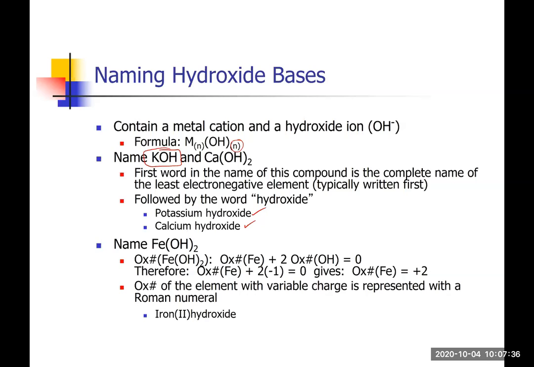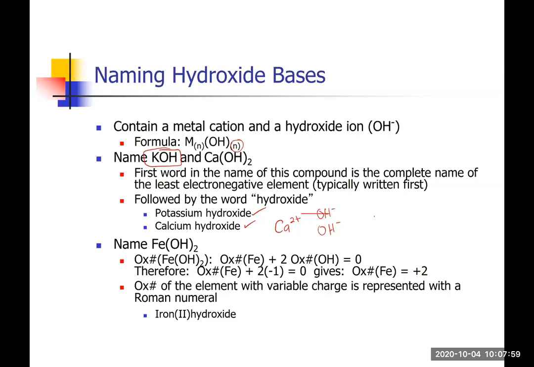Now suppose we have the name and we're going backwards. Let's just look at an example here, and let's just follow calcium hydroxide. We know that calcium has a 2+ charge. That means that we're going to have 2 hydroxides in order to get charge neutrality here.